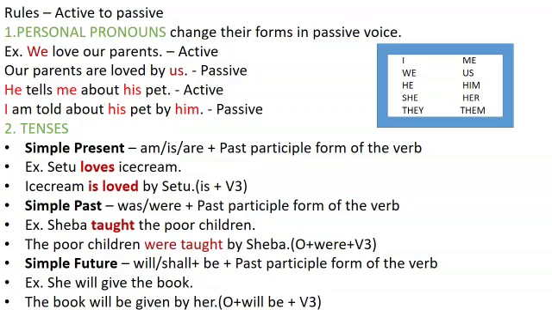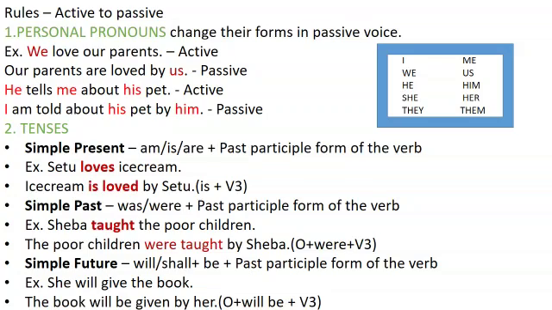Here we can see that the structure is am, is, are plus past participle form of the verb. In the simple past tense, it changes to was, were plus past participle form of the verb.